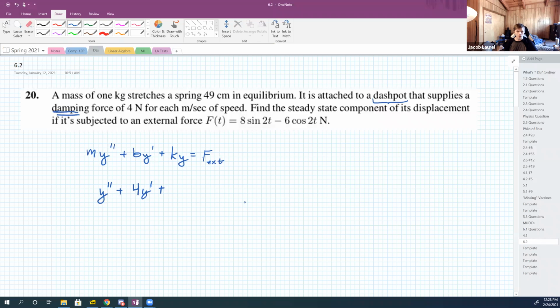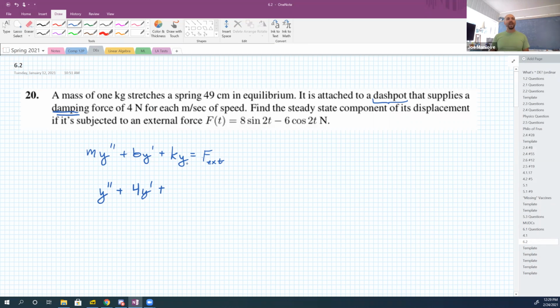If it said 4 newtons for every 2 meters per second, then it would be 2. So it's 4 newtons for each meter per second of speed, so 4 times the speed is the damping force, and that's this term, b y prime. Right, so I've got my 4 times my speed.